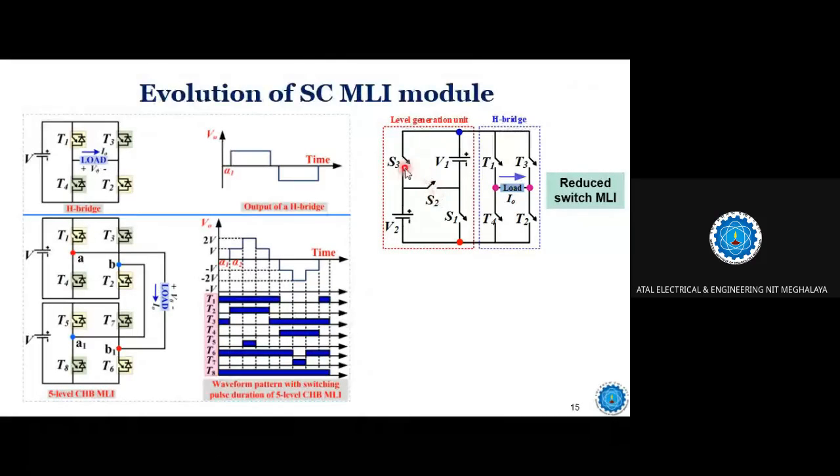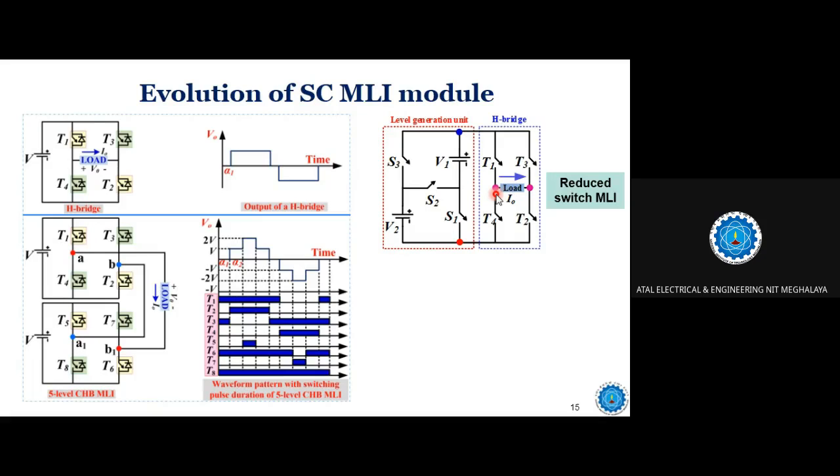Now you can ask me why I've connected this S3 switch then. Obviously, there is no need for this S3 switch. But what I have highlighted here is that if you take both the voltage sources asymmetrical, then think of an inductive load. If you are designing an inverter like this, you have to think about different loading systems: resistive load, inductive load, nonlinear load, everything.